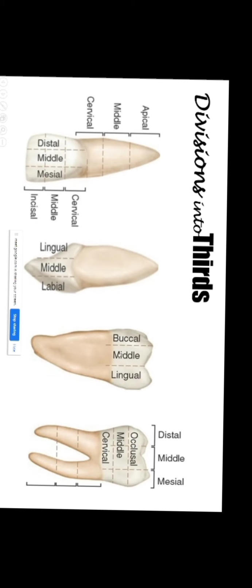You have buccal third, medial third, lingual third. Same with this, occlusal third, medial third, cervical. Remember, don't get confused with cervical. If it's the neck, it's cervical. So this is the cervical part of the crown. Same with the root: cervical, medial, and then apical. Then mesial third of the crown, medial third, distal third. Okay.